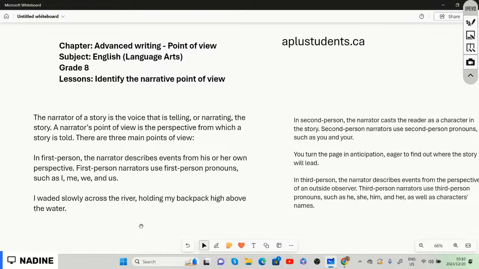And first person narrators use first person pronouns.